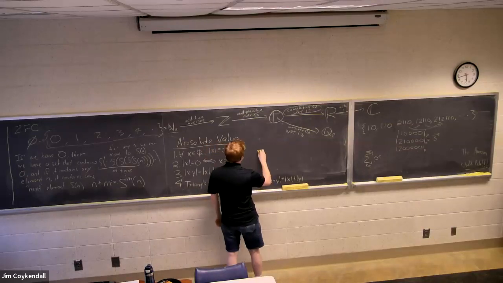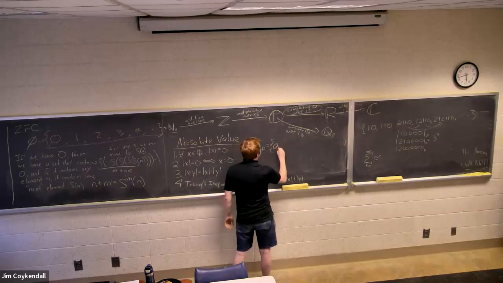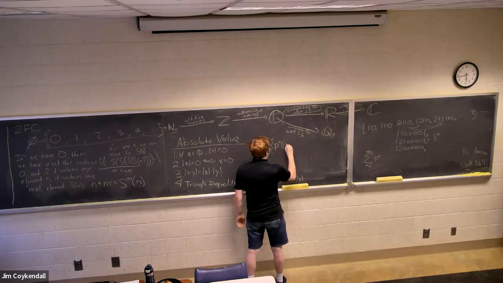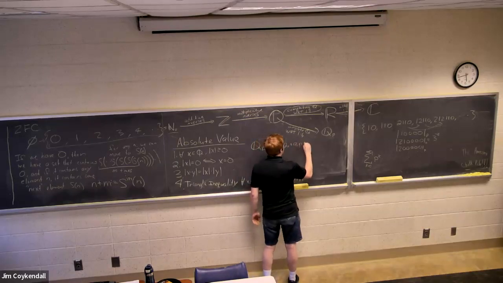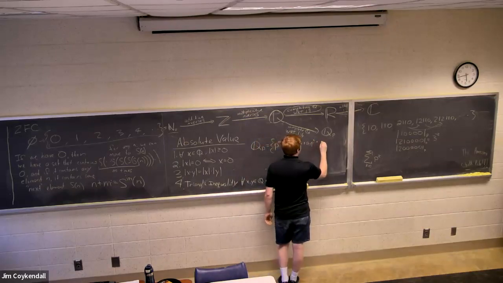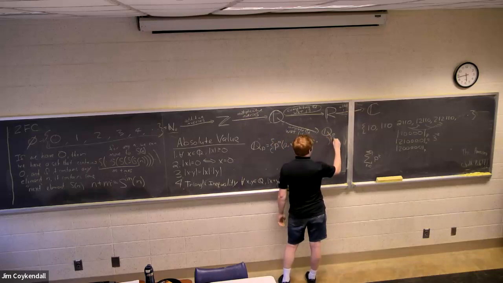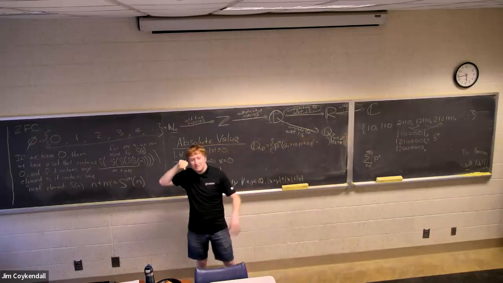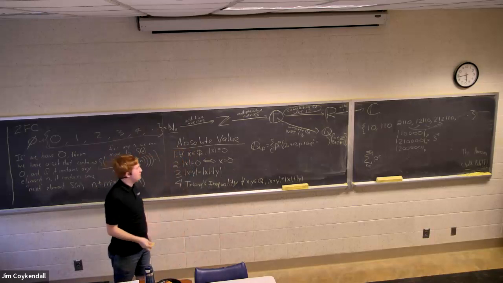But what these numbers look like is a sum of a_i p to the i, starting from p to the n, where n is any integer, and a_i is some digit mod p between 0 and p.